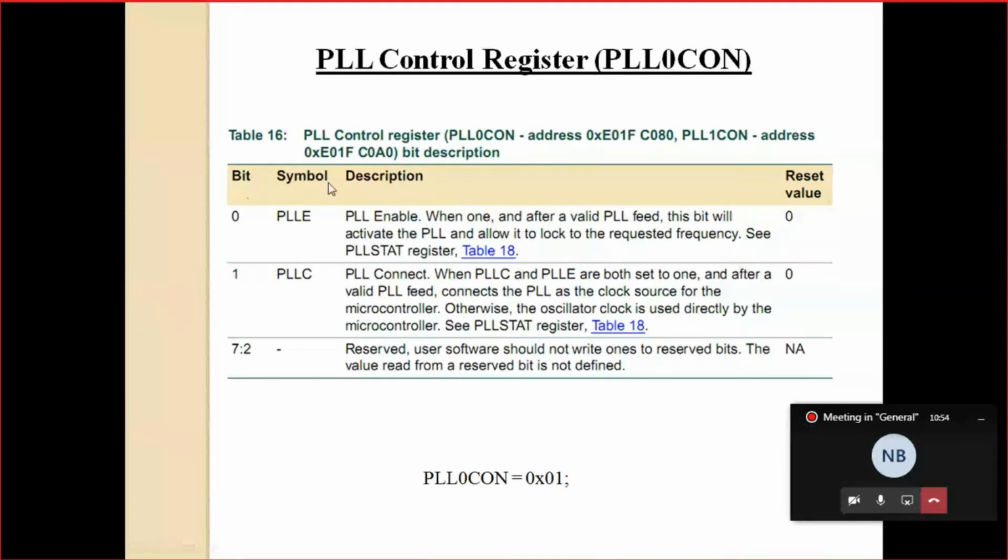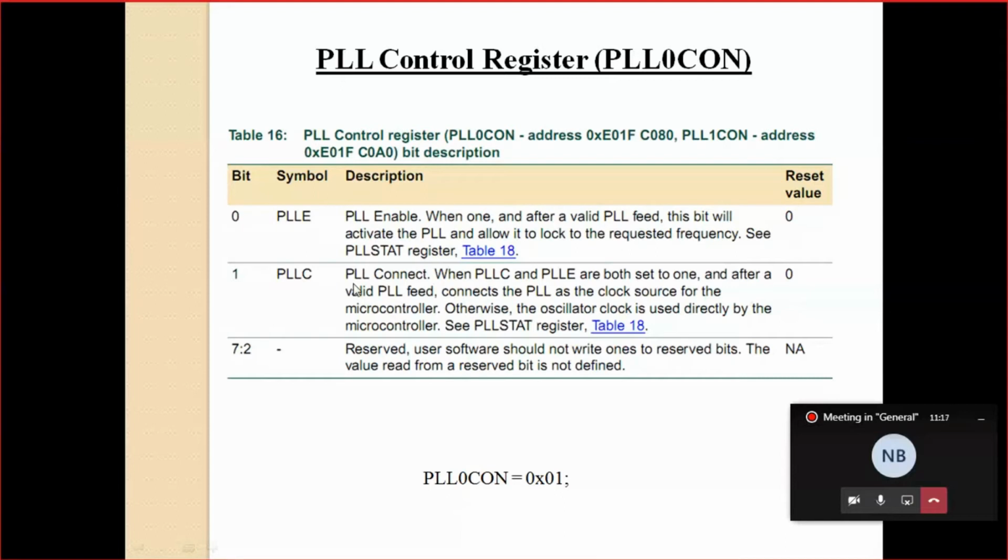Sir, one question: how does PLL actually get disconnected from the CPU? For that you have two bits in a register known as PLL0 control register. In this, two bits are there: PLL enable and PLL connect bit.